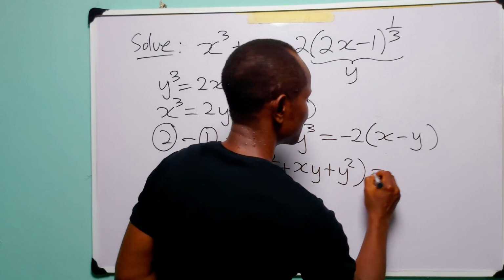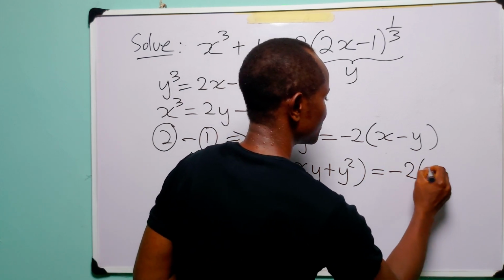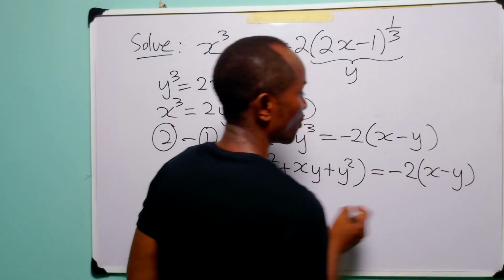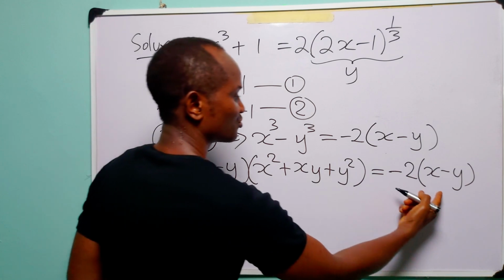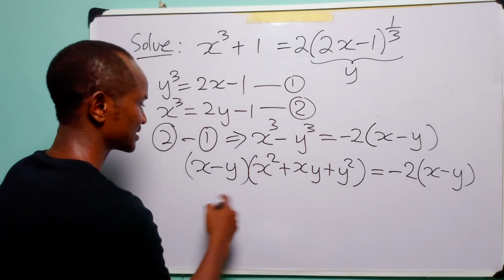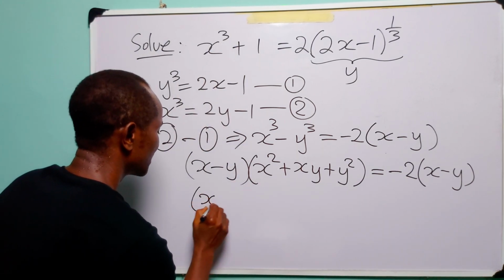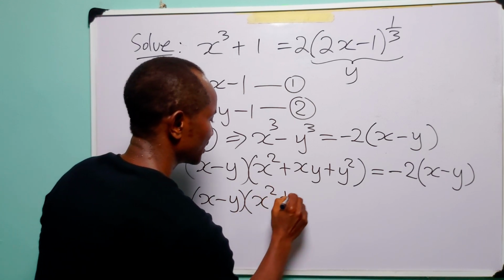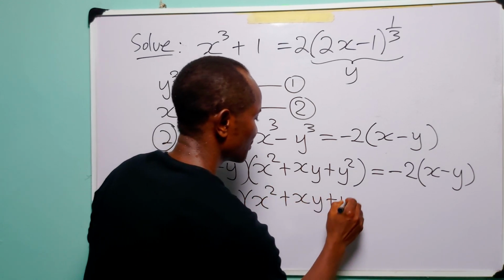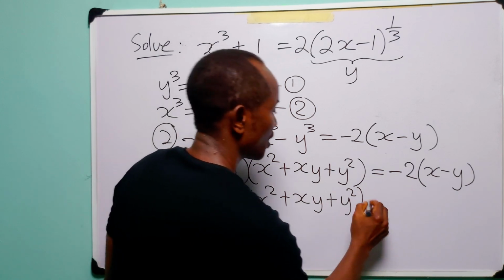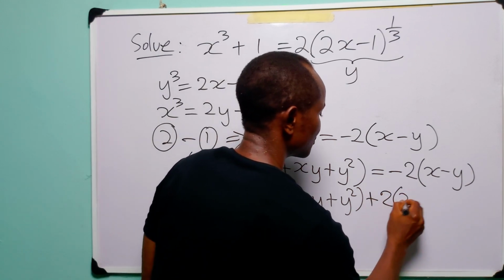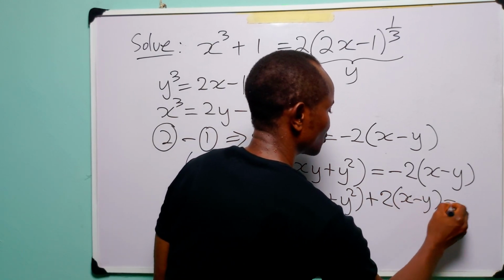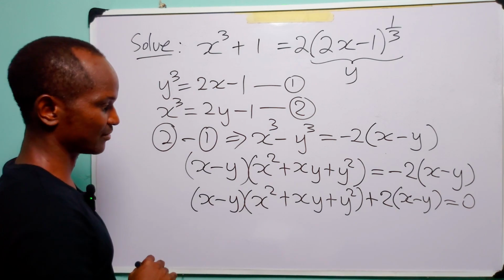And of course, this is still equal to minus 2 into (x minus y). Next, let us bring everything over to the left-hand side. When we do that, we have (x minus y) into (x squared plus xy plus y squared) plus 2 into (x minus y) is equal to 0.